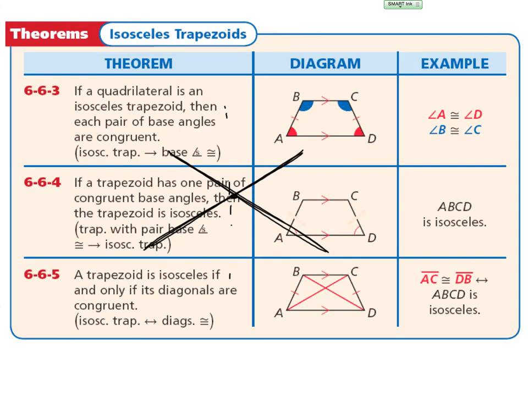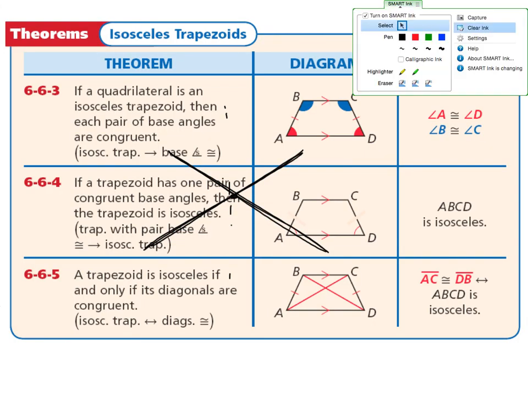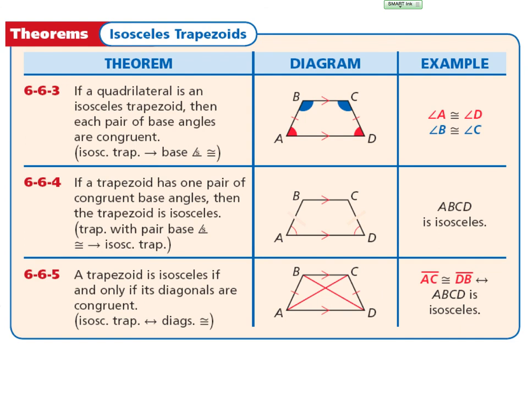Those ideas are summarized in these three theorems. The first two are basically converses of each other. The first one is if you know it's an isosceles trapezoid, then the pairs of base angles are congruent.